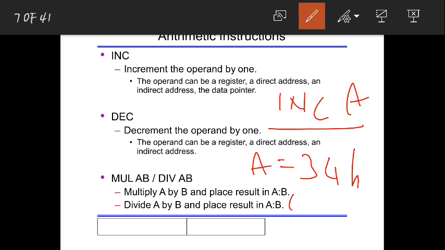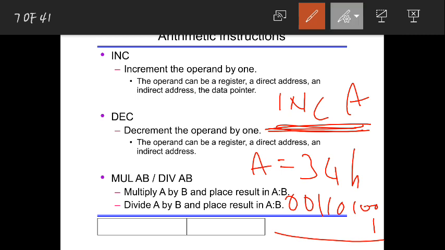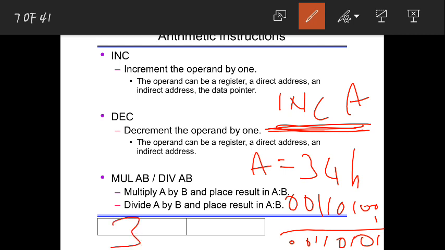34 means 0011, 4 means 0100. Okay, this is the value which is already in A. When it sees this increment, it will just add 1. So 0 plus 1 you will get 1, 0101, and the upper nibble 3 stays 0011, so the lower part is 5H.